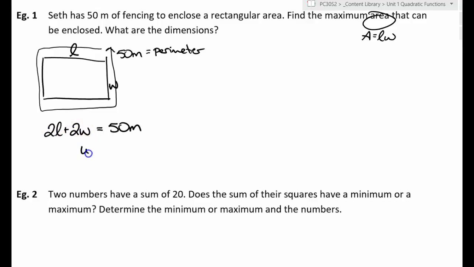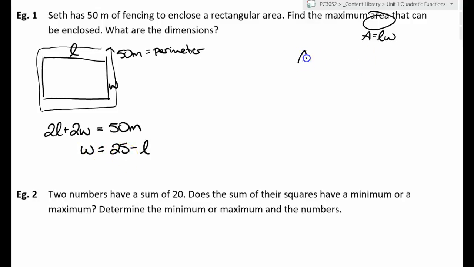If I want to get rid of width, I'm going to isolate it. So it's going to be 25 minus the length that gives me the width. I divided everything by 2 to get that 25 and get rid of my coefficients, and then I moved the length over onto the other side. Okay, so width is 25 minus the length.